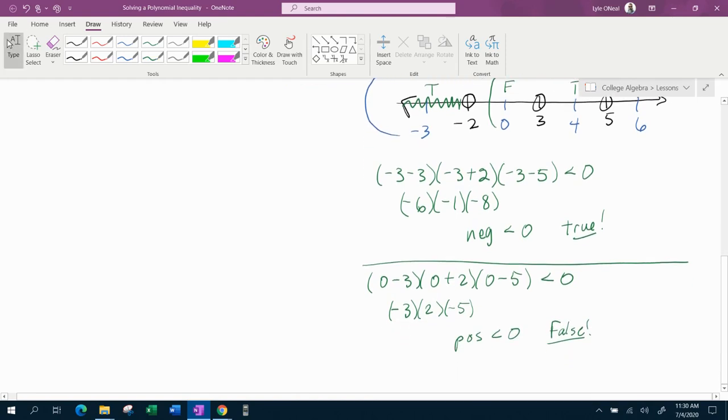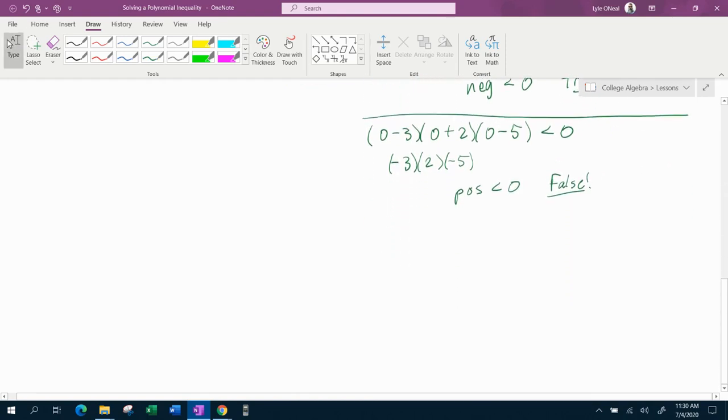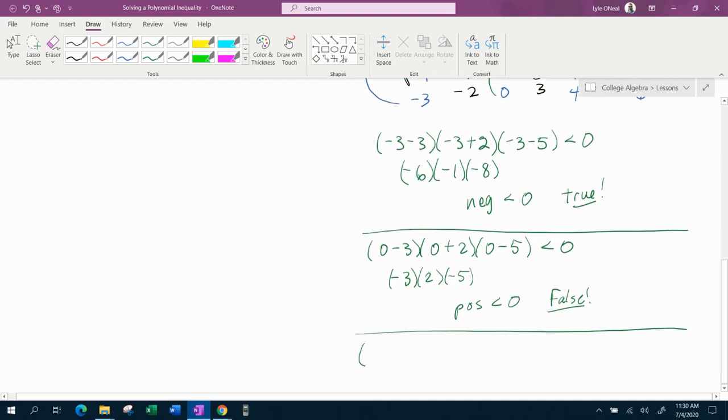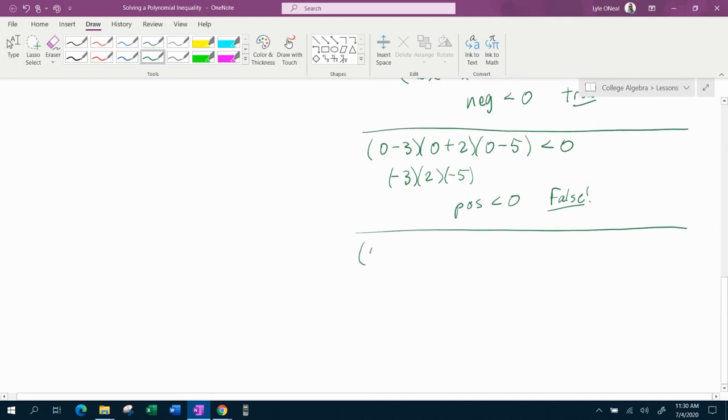And then we're going to check the other two test points, okay? So here we go. The next test point is 4. So we're going to say 4 minus 3, 4 plus 2, 4 minus 5. Is that less than 0? 4 minus 3, that's 1, times 6 times -1.